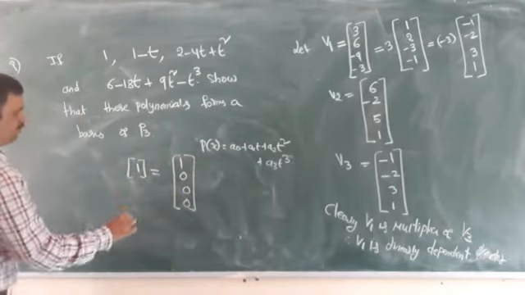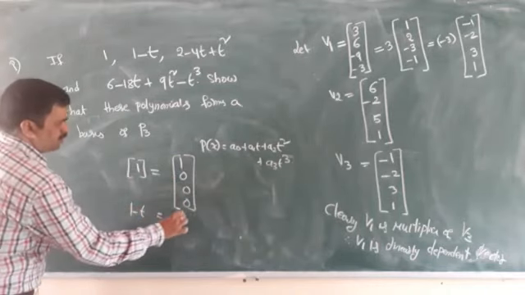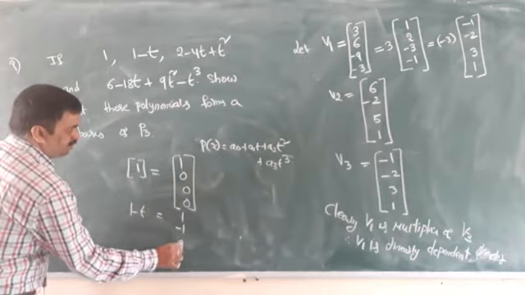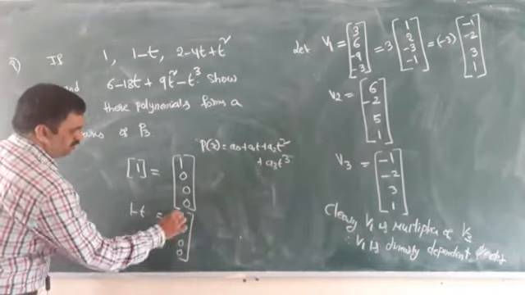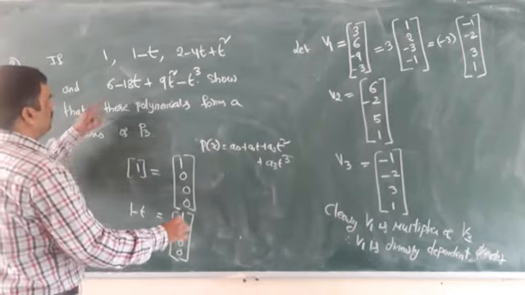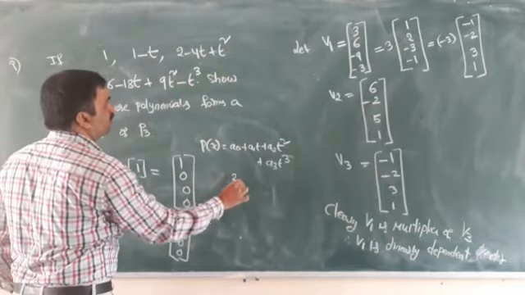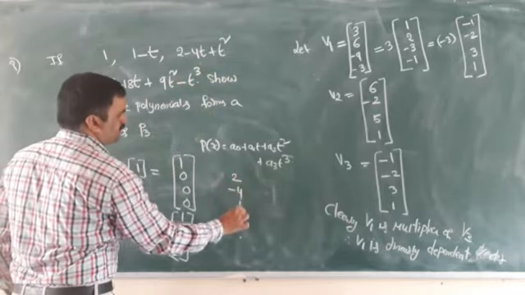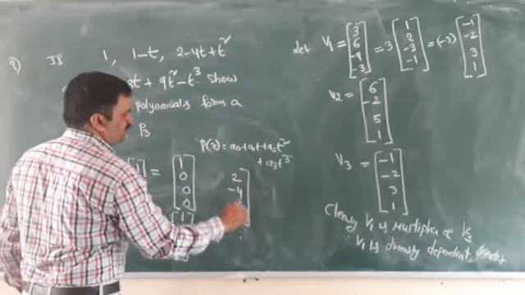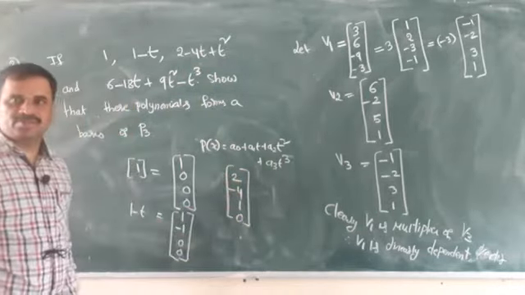The second polynomial, 1 minus t: constant is 1, t coefficient is minus 1, and t square and t cube are 0. And the third polynomial, 2 minus 4t plus t square, has no t cube. This is the third vector.